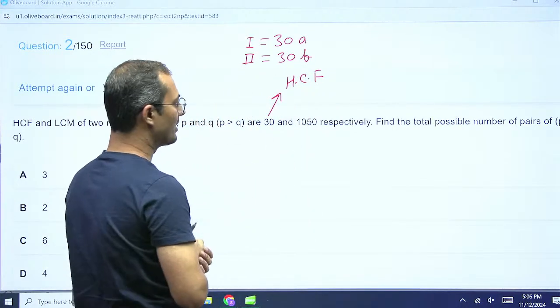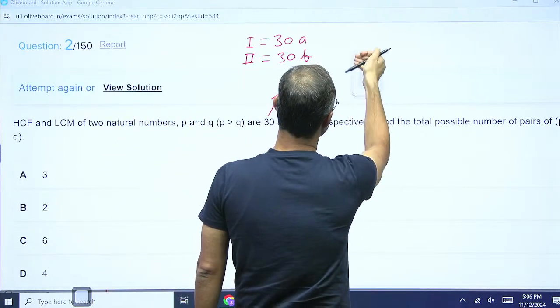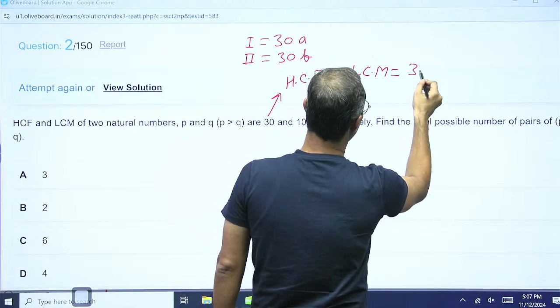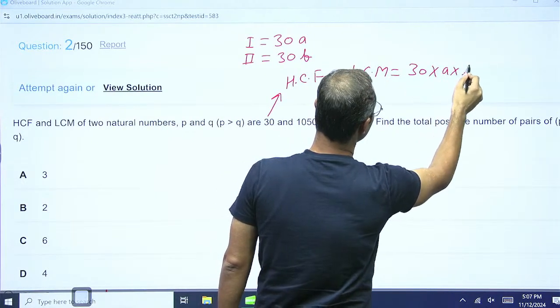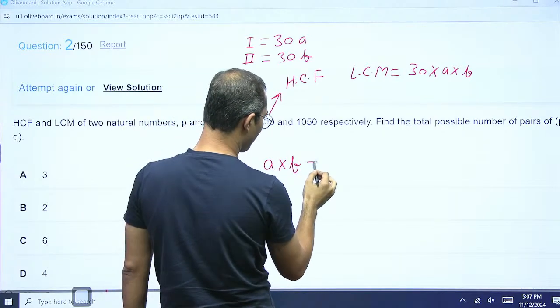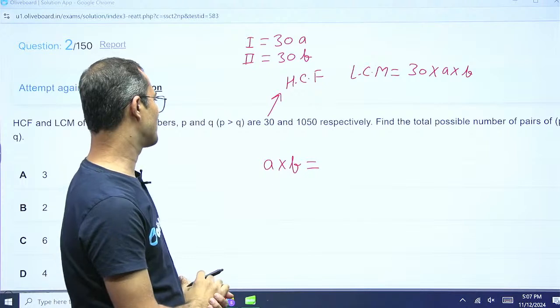Is this clear? So A and B are co-prime numbers. So we can say that their LCM would be represented by 30 into A into B, right?